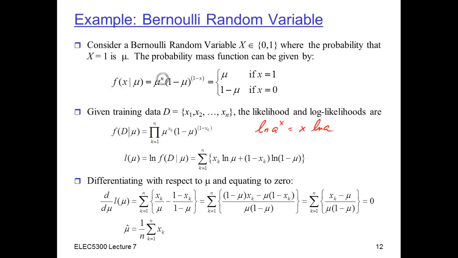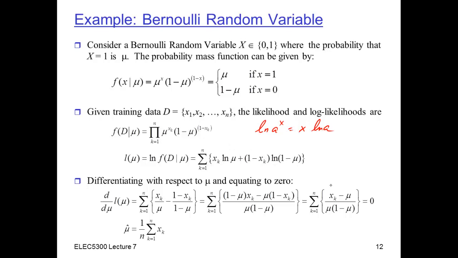So now the x is here, and I just multiply by log of a. And so here, if I have mu to the x, then I just get x times log of mu, and then this product becomes a sum, plus the log of this, which is just 1 minus x times the log of 1 minus mu.